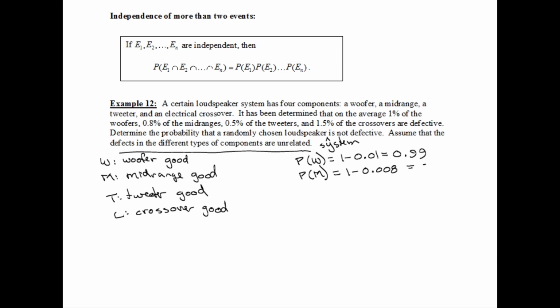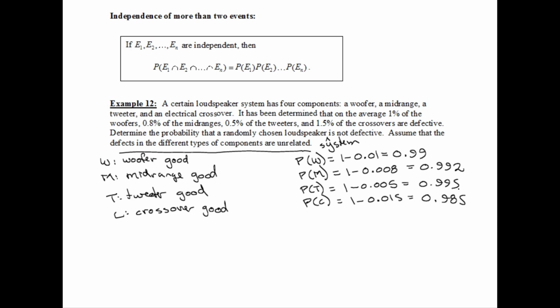And so that gives me 0.992. For our tweeter being good, we subtract 0.005 because 0.5% are bad. So we get 0.995. And for the crossovers, 1 minus 0.015, so that gives me 0.985.